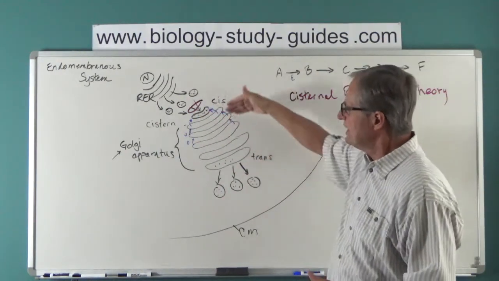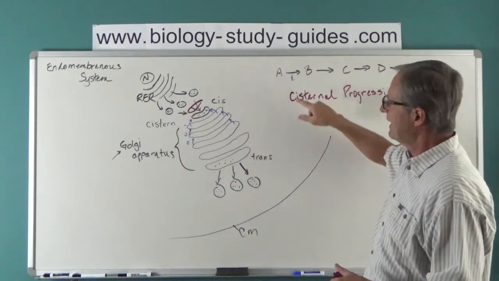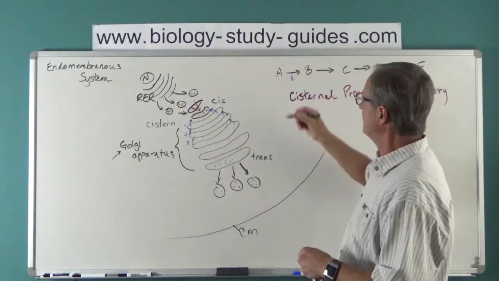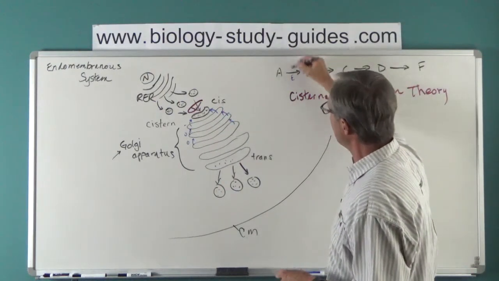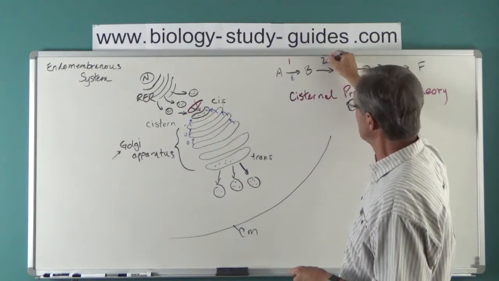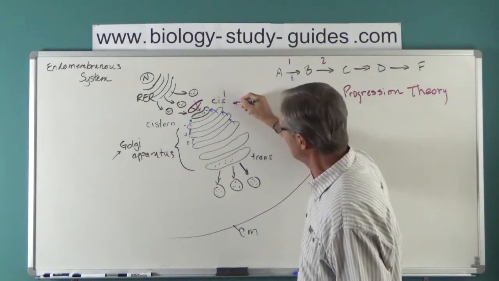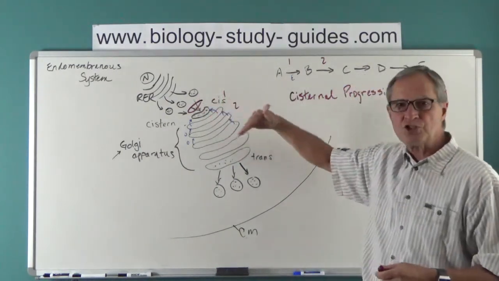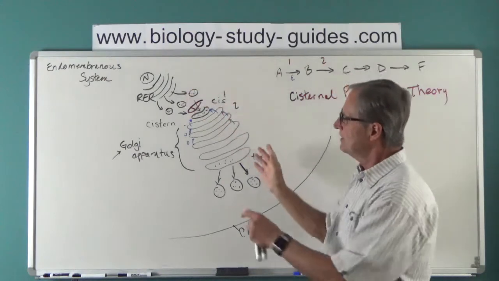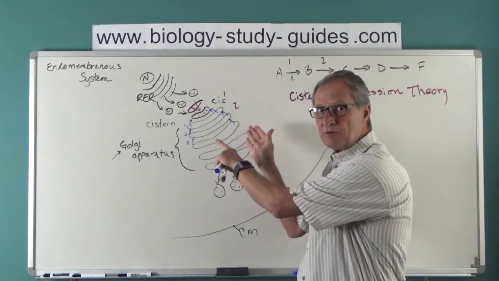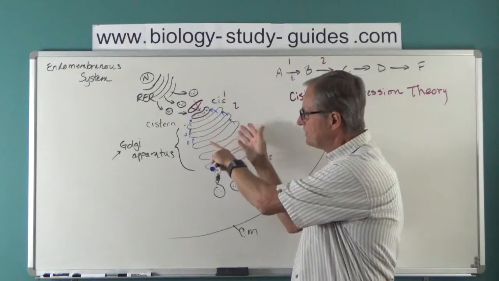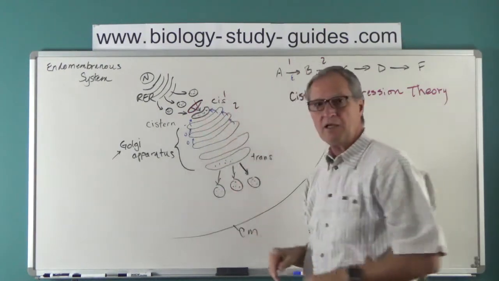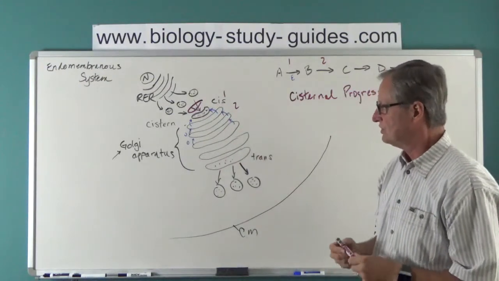Each position in the Golgi apparatus has a certain reaction. So if this reaction occurs in position 1, this reaction occurs in position 2. So as the cisterns are produced, the reactions take place sequentially. A new cistern occurs. The enzymes that were used in the adjacent cistern, where the reactions already occurred, can be donated back into the incoming cistern.